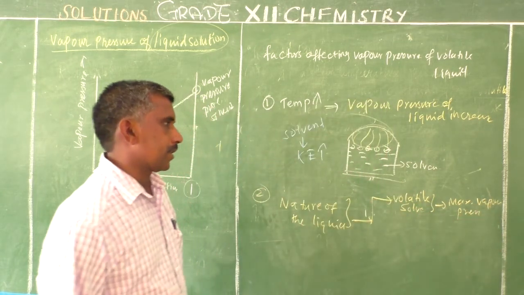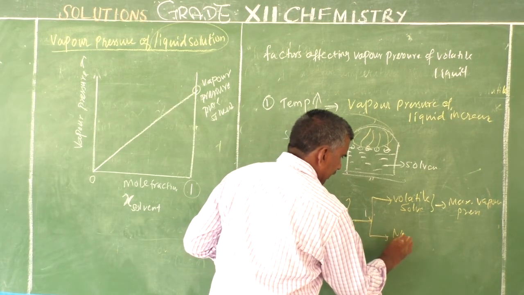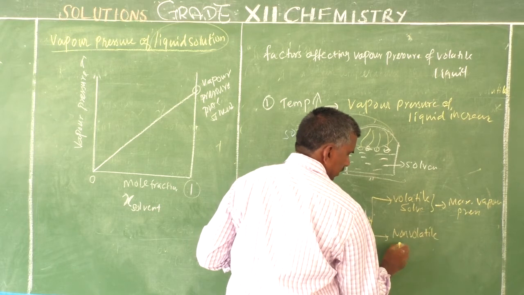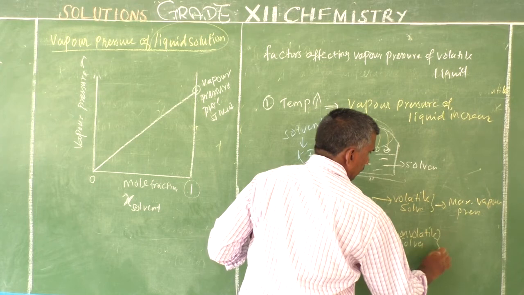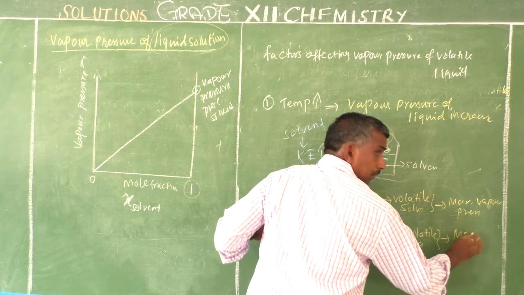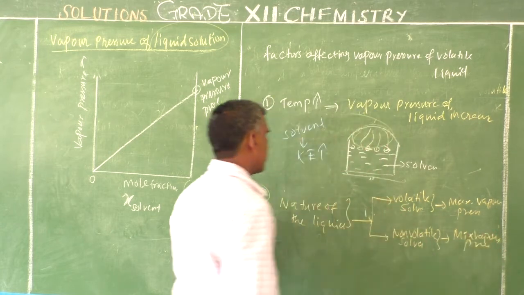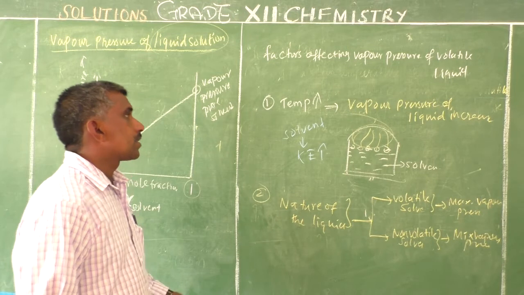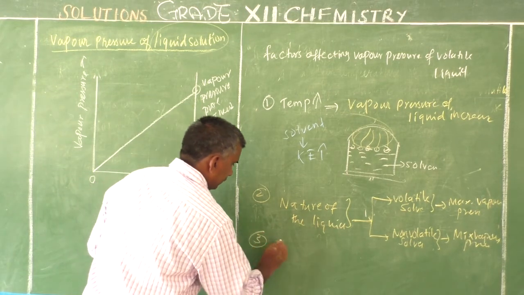For a non-volatile solvent, for example benzene and carbon tetrachloride, the vapor pressure is minimum. This is the second factor. Third factor, surface area.